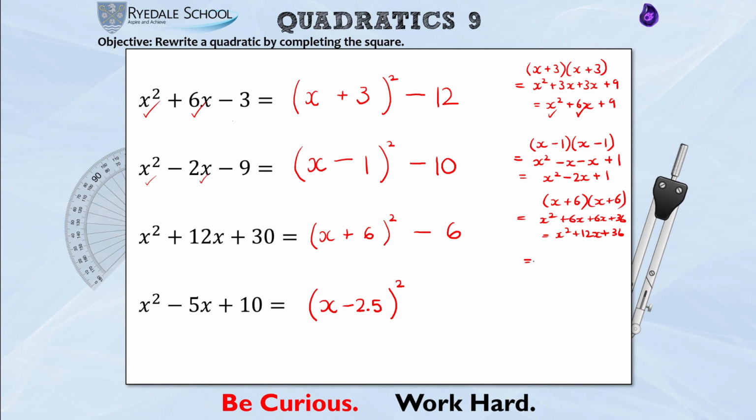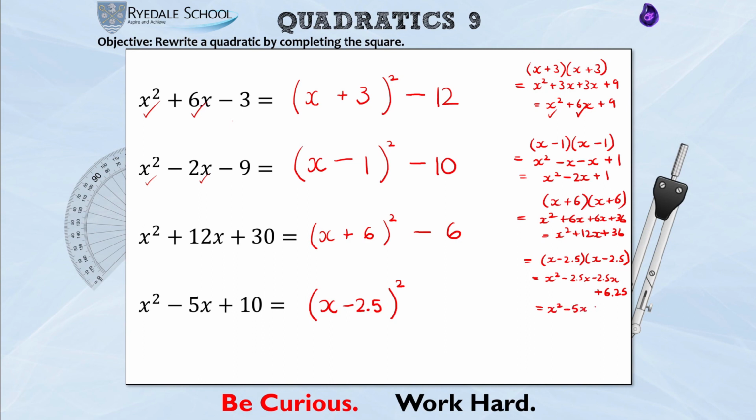Let's see what that is the same as. One or two of you might need a calculator for part of this. Well, that is x squared minus 2.5x minus 2.5x. And minus 2.5 times minus 2.5 is plus 6.25. So I've got x squared minus 5x.